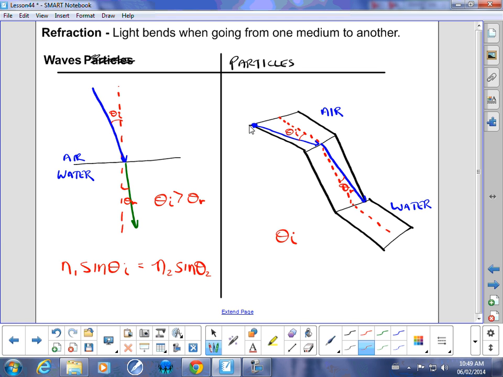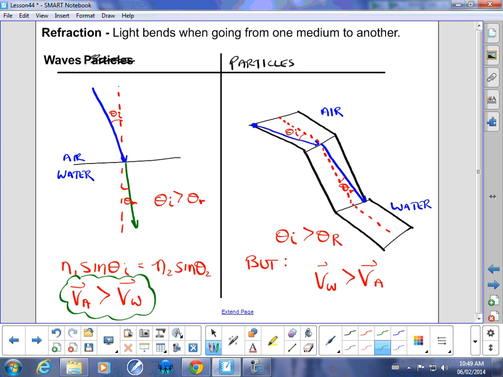He says theta i is bigger than theta r, but now he's saying that the velocity in water is much greater than the velocity in air. So when a particle enters a more dense medium, it speeds up, whereas on Huygens' side, they were arguing that the velocity of light in air is much greater than the velocity in water. So it's the first time we run into an opposite argument.